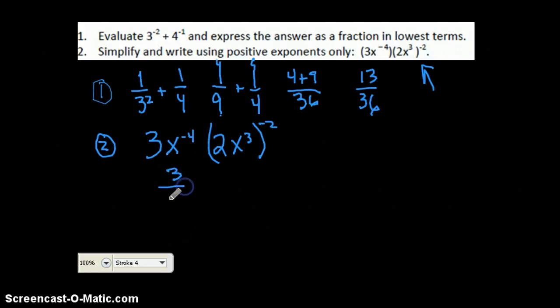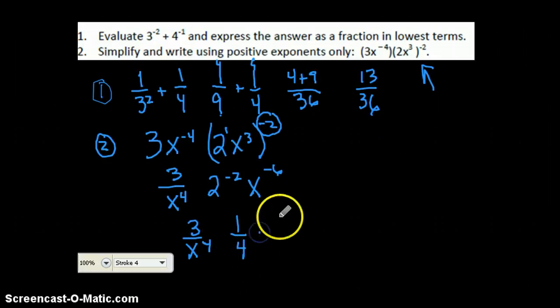This is 3 over x to the 4th. Now see this negative 2 here? I would distribute these terms in here. That's 2 to the negative 2. You're distributing the powers, and x to the negative 6. Now let's rewrite that. That's 3 over x to the 4th times 1 over 4 times 1 over x to the 6th.